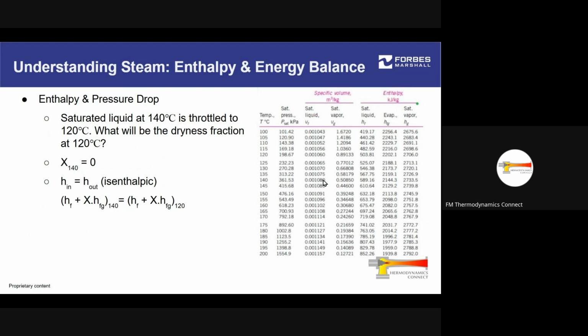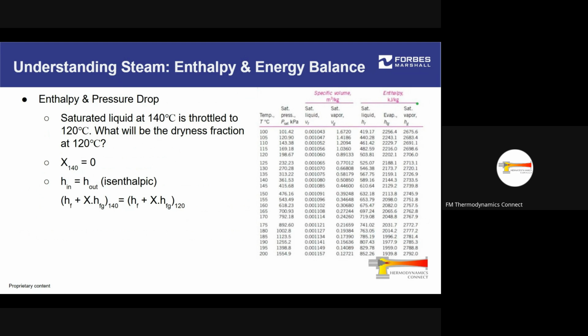So this is your 140 degrees Celsius line. This is hf, this is hfg. As simple as that. So corresponding to that, you can get those values from the steam table. Similarly, for 120 degrees Celsius, you can find the same values, hf and hfg, again in the steam tables.